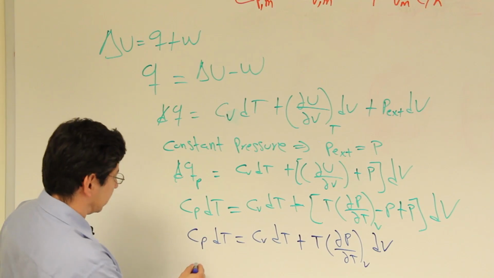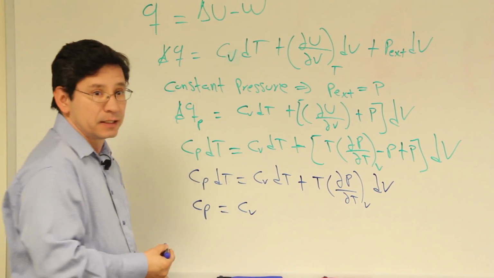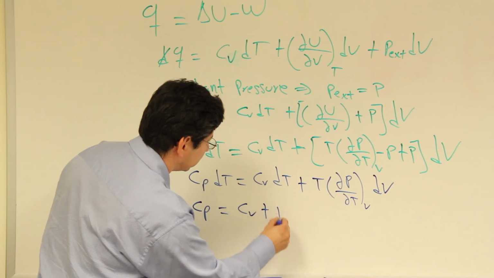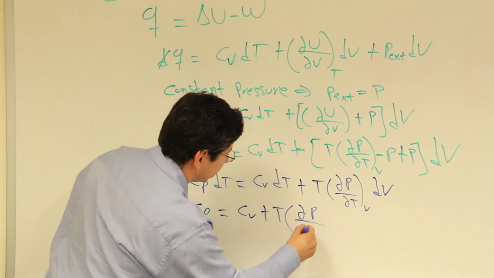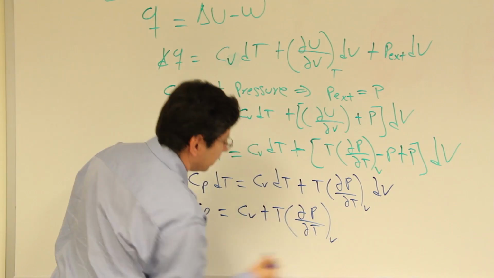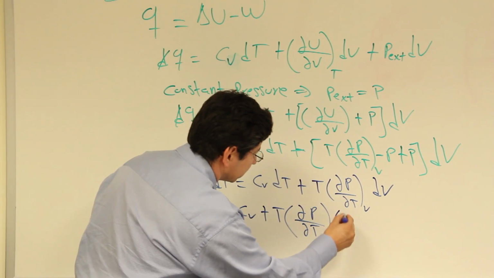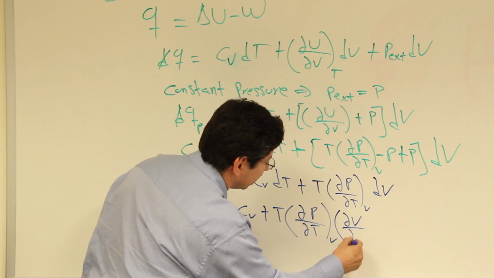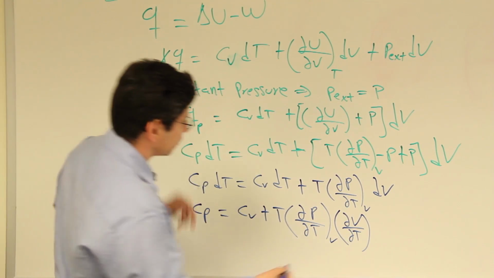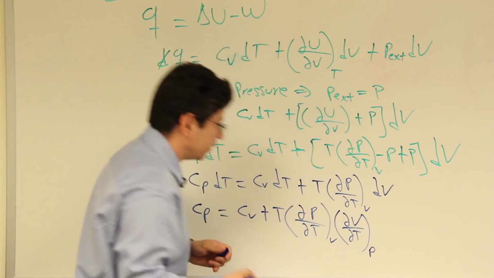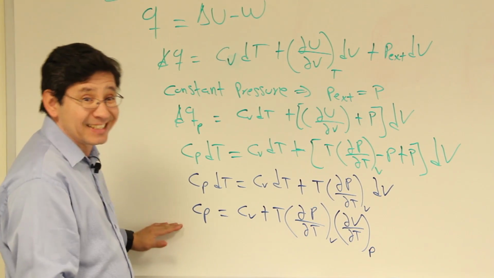If we do that, then you have Cp equal to Cv plus T (dP/dT) at constant V, then this dV/dT. Don't forget that this whole thing is at constant pressure, so I put a P here.